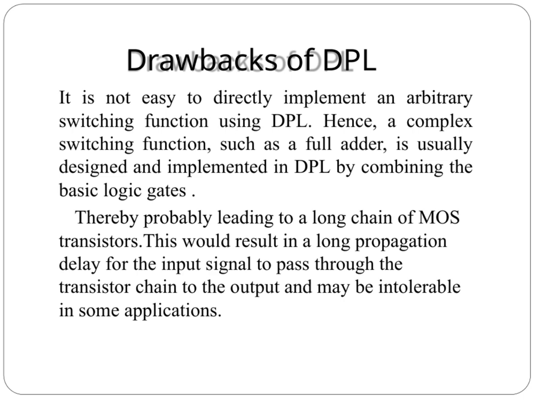The longer this chain, the longer the propagation delay for the input signal to travel through the transistor chain to the output. Such delays can be significant enough to cause problems in applications where speed and timing are critical. So, while DPL has its advantages, this potential for increased delay is an important consideration.